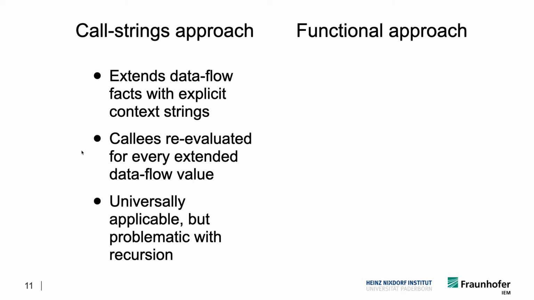What's also nice about the call strings approach is that it's universally applicable. Any analysis that fits the monotone framework can be almost trivially extended to be an analysis in this call strings approach. But there are some problems with recursion that I will get back to in a few minutes.